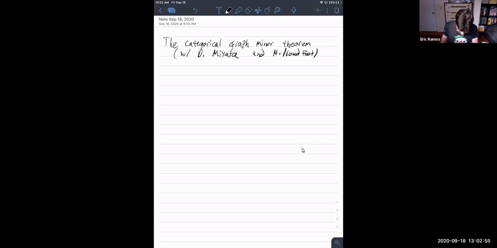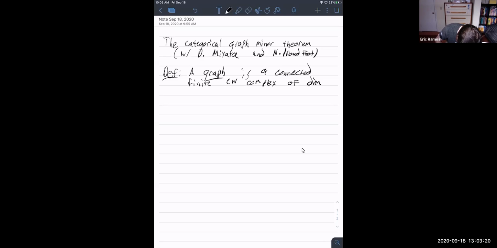Okay, so let's just start with some basic definitions. Definition: for this talk, a graph is a connected and finite CW complex of dimension at most 1.